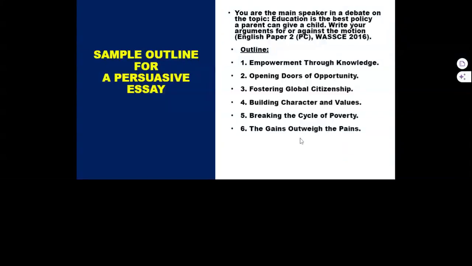We are saying that the importance of education or the benefits are greater than whatever demerits or disadvantages anyone might think about. So these are key points that we can use in writing this type of essay.